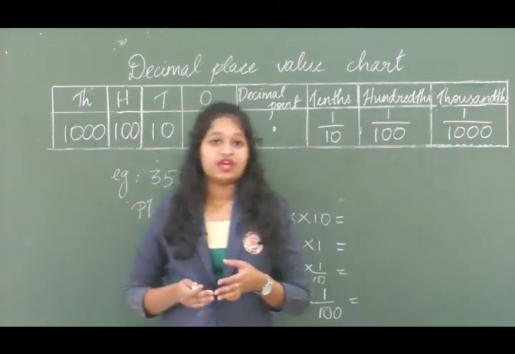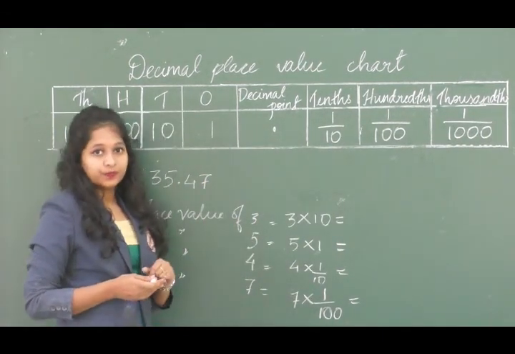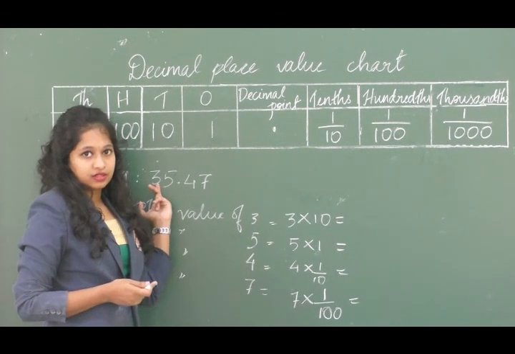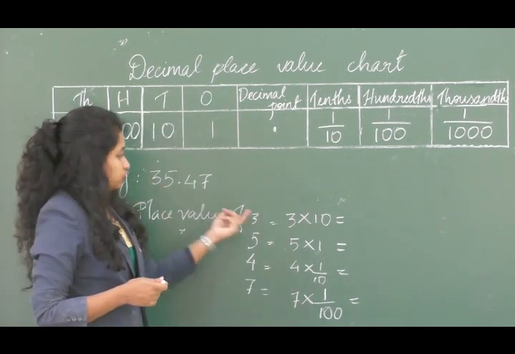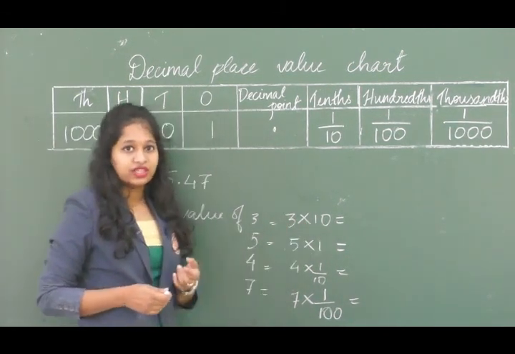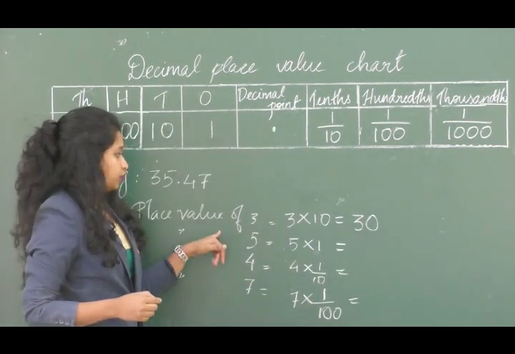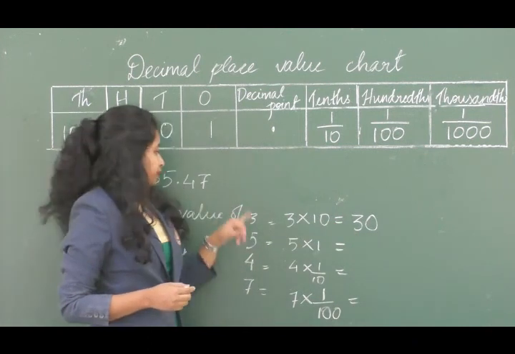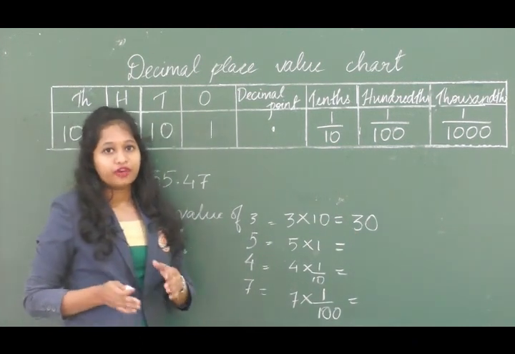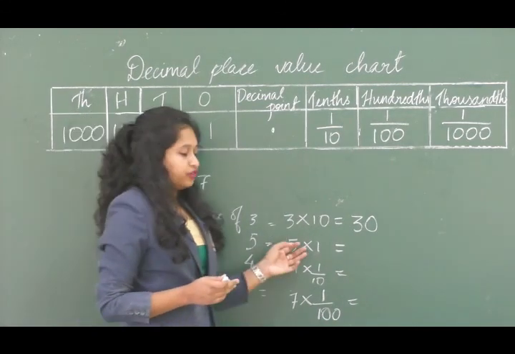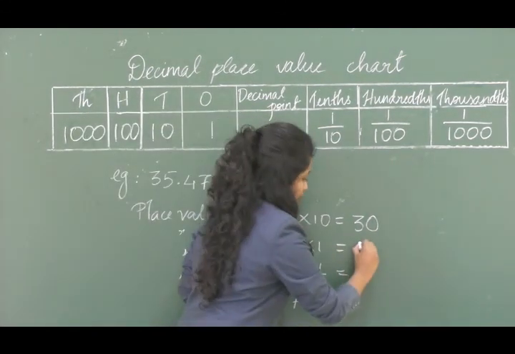What is the place value of 3? 3 is in tens place. So multiply 3 by 10. So we get 30. So place value of 3 is 30. Now place value of 5. 5 is in ones place. So 5 into 1 is 5.